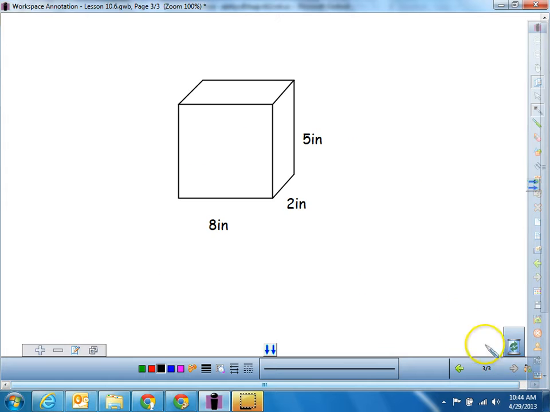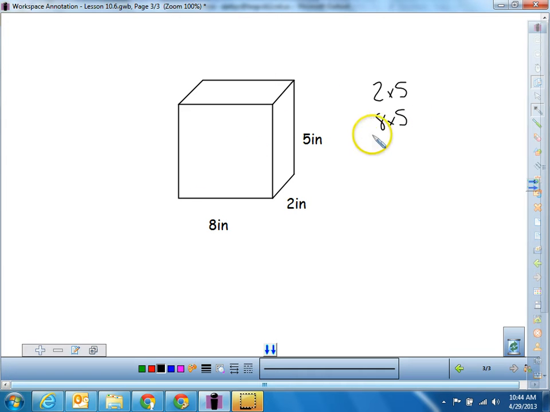All right, last one, I have another one, 8 by 2 by 5. Remember, we can take any two pairs. When we're talking about our 2 by 5s, that's the right and the left. We've got our 8 by 5s, which is the front and the back.